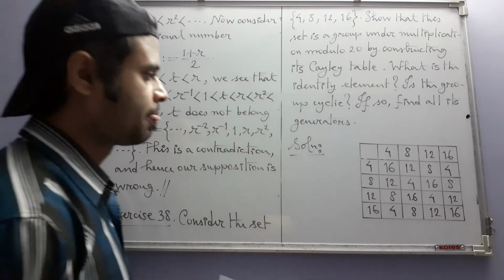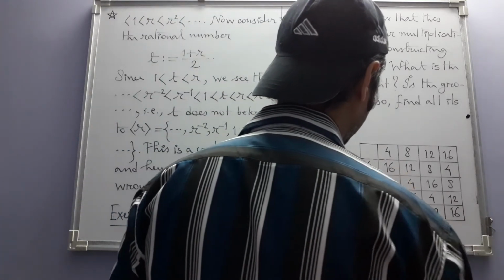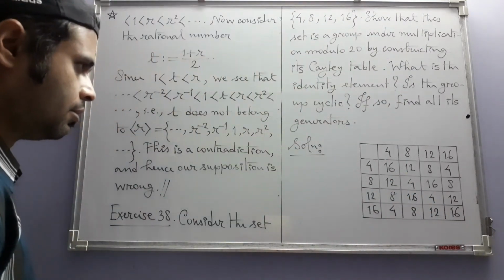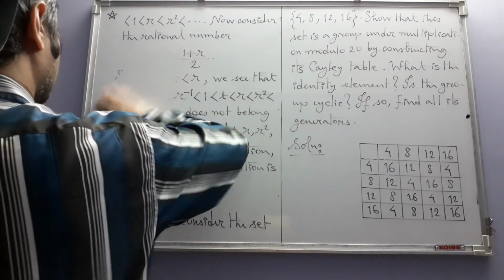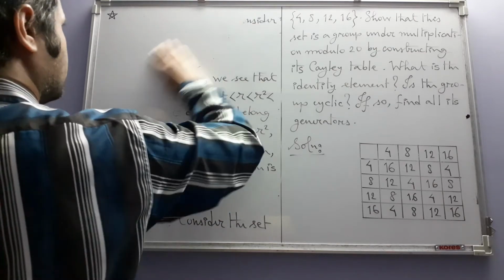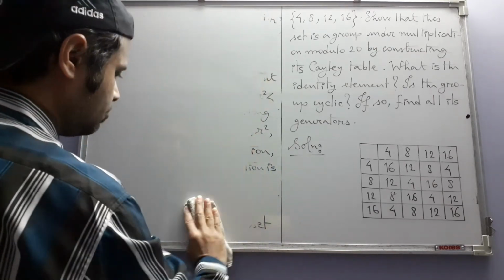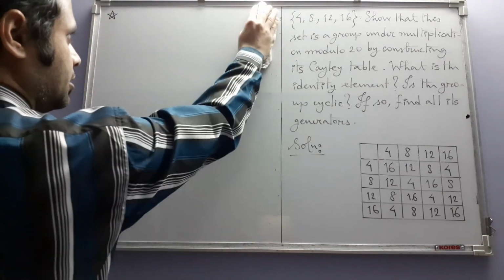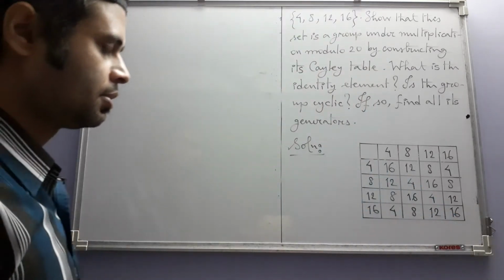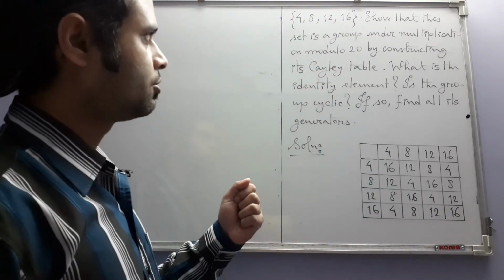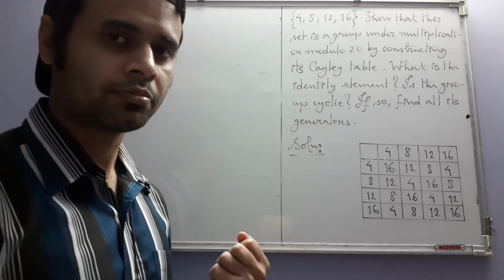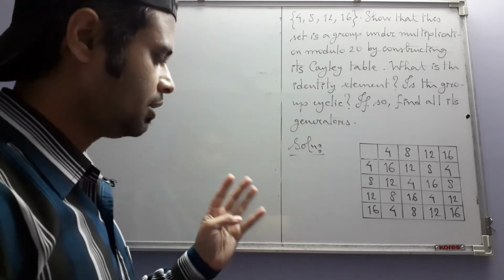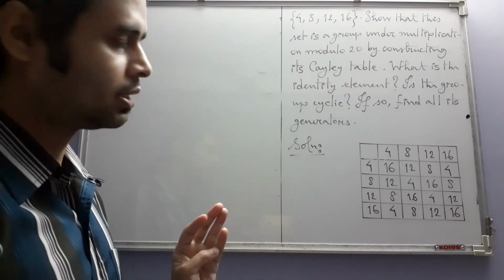Now, multiplication modulo 20. Okay, so from the Cayley table we immediately see that the given set is closed, and multiplication modulo 20 is an associative operation that is also known. So we have closure property, we have associativity.